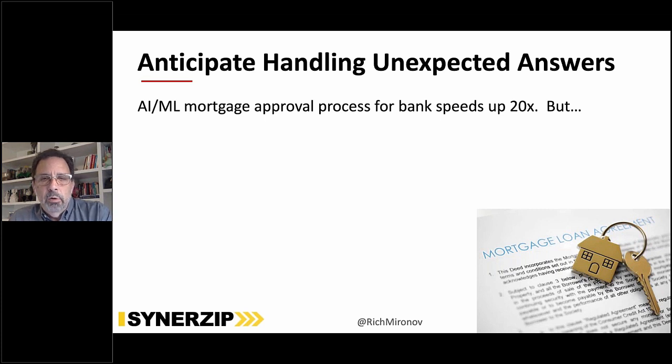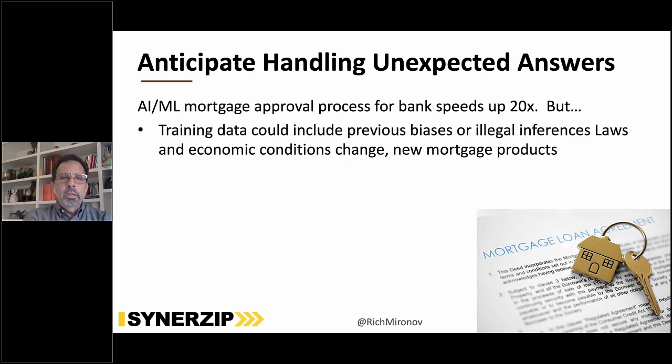A lot of banks are trying to apply machine learning to the approval process for mortgages, right? And it seems pretty clear that those banks can speed up that mortgage application review process maybe 20 times, certainly huge, and save lots of time and money and maybe reduce their risk and reduce the staff that has to read these things. But, right, as we know, some of these decisions are going to be odd, a little wonky on the side.